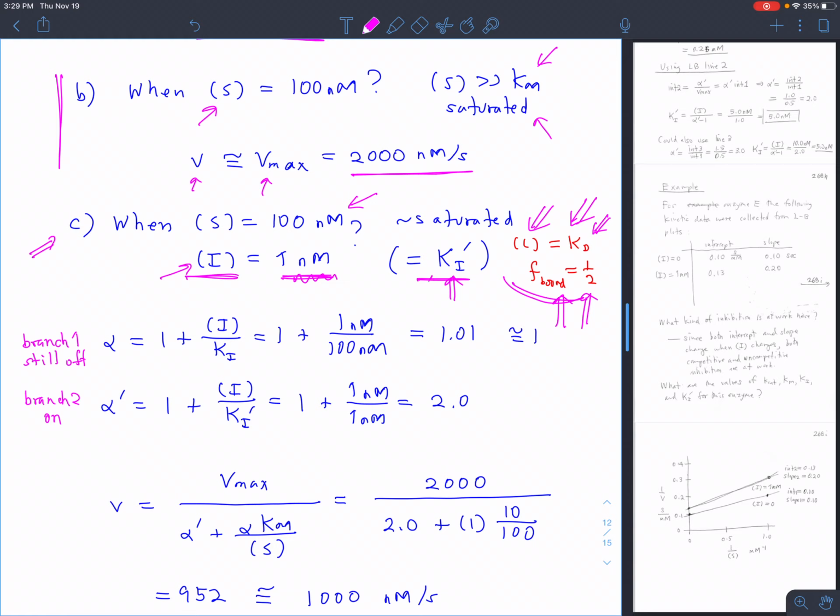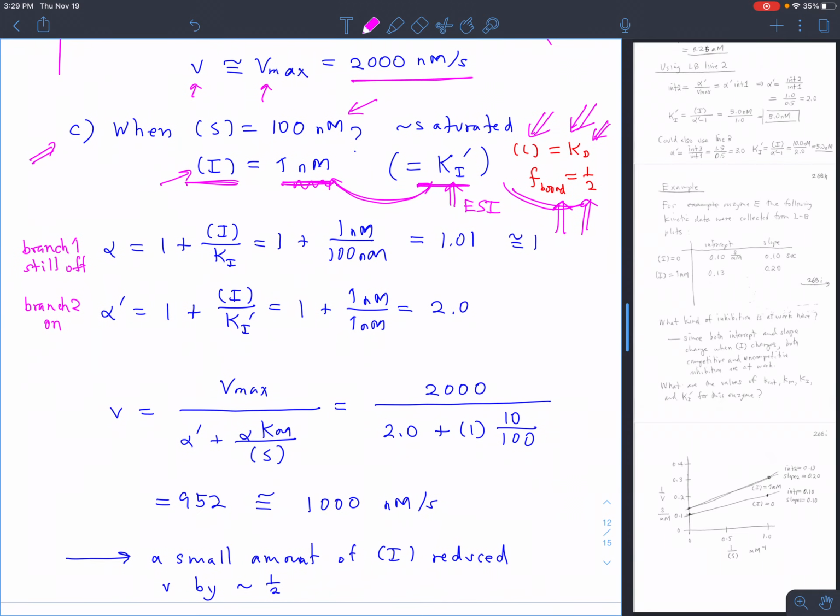And so that's the situation we have here. We're in a situation where half of the ES complex, because branch 2 binds to ES, is actually going to be ESI. So we're taking out half of the enzyme substrate ES that's in solution and turning it into the inactive ESI complex.